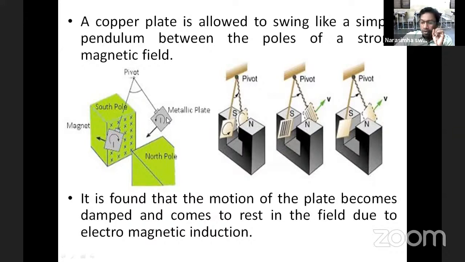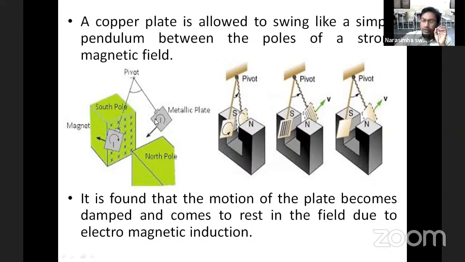All these free electrons are aligned to move in a particular direction. Once they are in motion, current is generated, and due to that induced current a magnetic field is generated, and this magnetic field opposes the plate moving into the magnetic field, between the two poles.